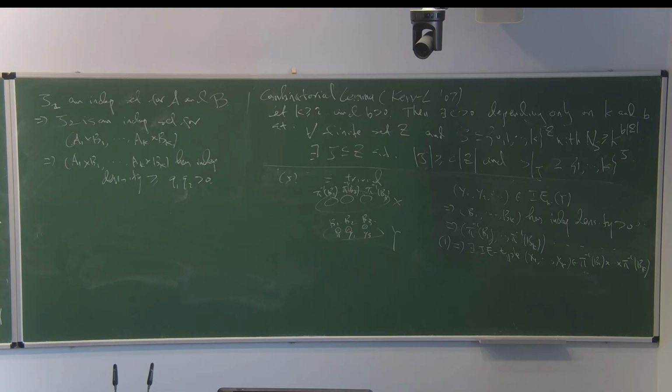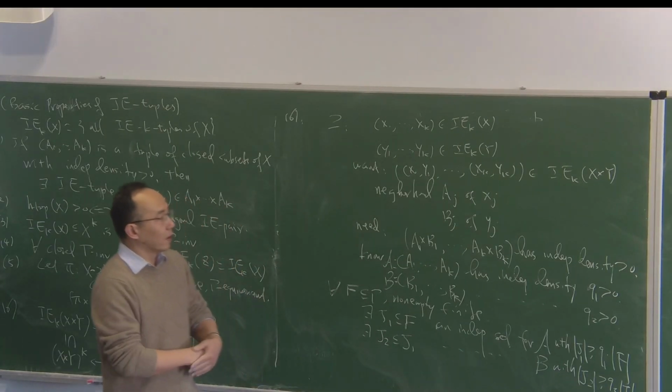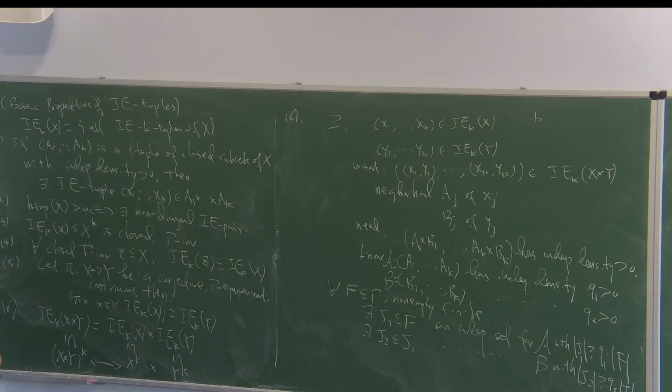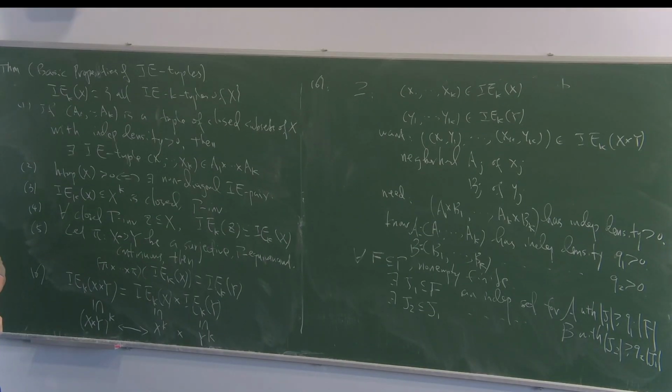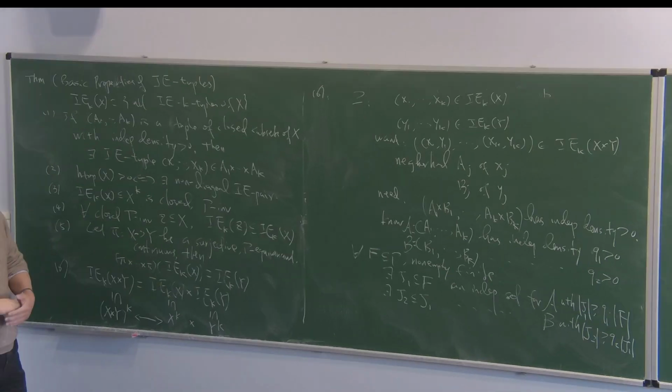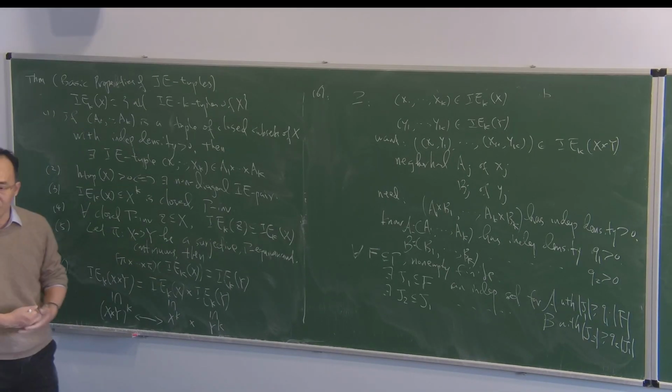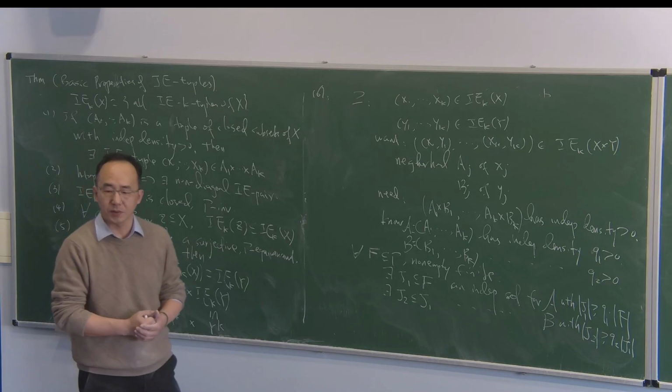So these are the basic properties of my tuples. This will come from the topological entropy. I mentioned there are actually two approaches to the theory. This combinatorial approach, and there is also the approach using ergodic theory. You look at the invariant measures. Basically, you have some kind of variational principle there.